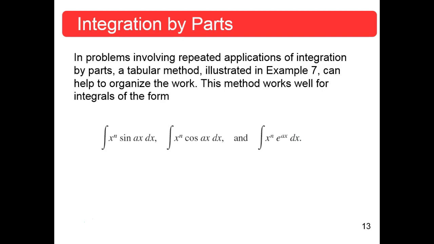And this method works well for integrals of this form, where you have u's that are going to gradually go down, and the dv's are going to just get by 1 over a's. That's the only complication. Well, sines and cosines are going to have pluses and minuses. So it works in these forms.